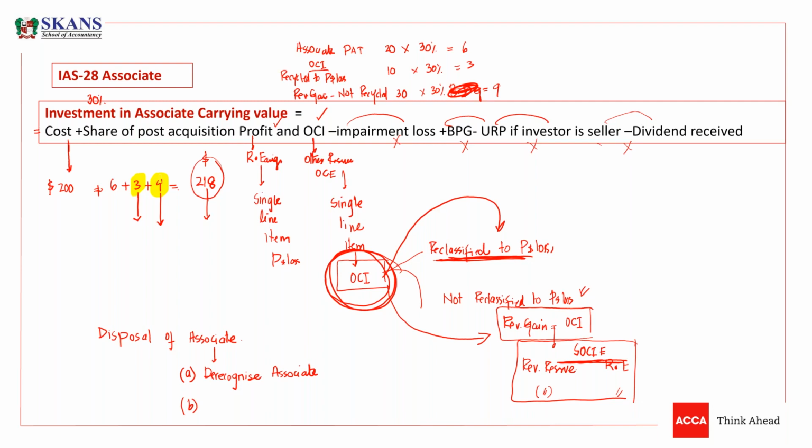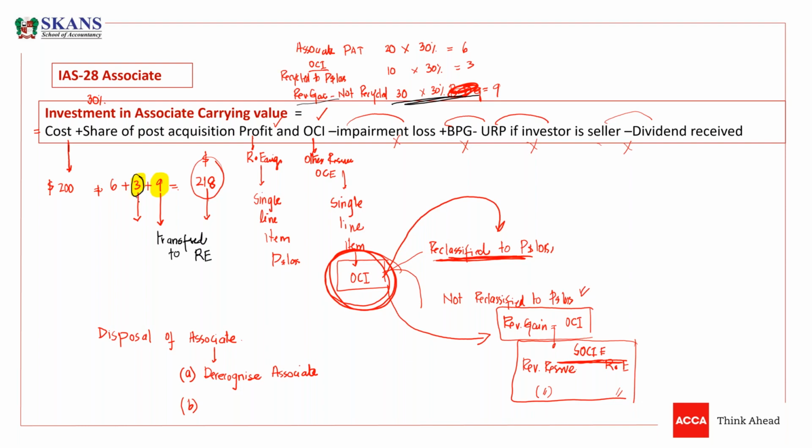Everyone is right. So guys, yes, you are right. This amount will be transferred to retained earnings, because originally the treatment of this 9 is revaluation gain, and this will be transferred to retained earnings at the date of disposal.